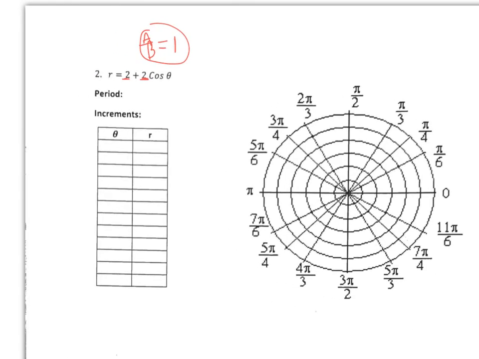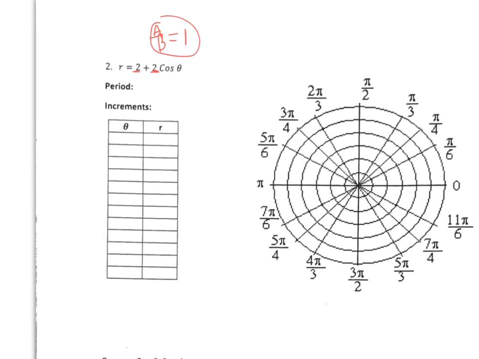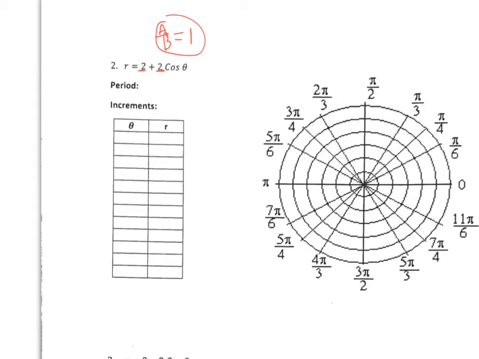Now let's apply everything we know about max, min, and equilibrium. The A value is the vertical shift, so that's the equilibrium. The equilibrium is 2. Since the amplitude is 2, we add 2 to get the max, 4.